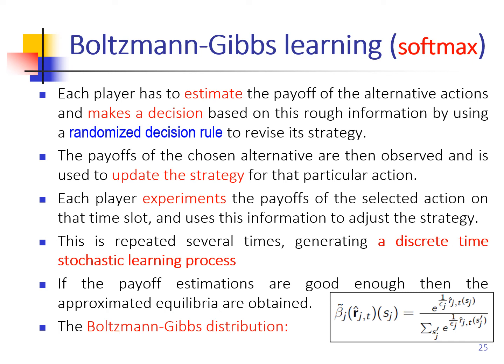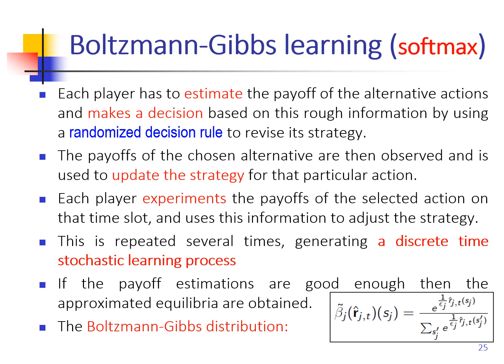As you can see here, the Boltzmann distribution is written down as follows. Let's stay in the game setting for the sake of the discussion. So here you have a game, and you have player j with strategy s_j.